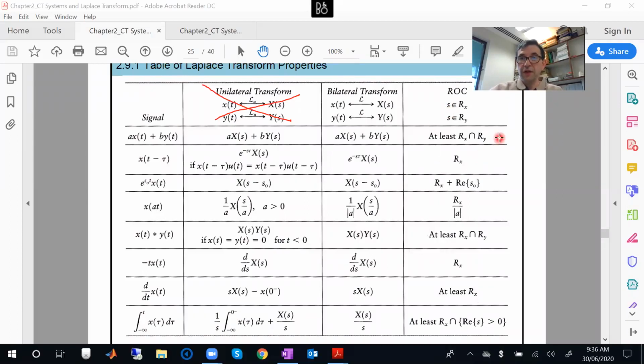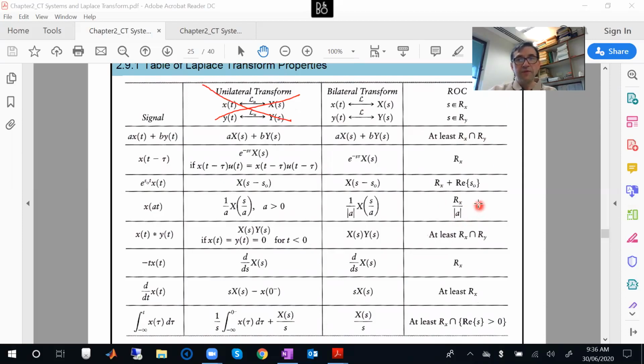So in most cases, we won't need to look at the region of convergence unless it's to tell us whether something funny happens. In most of these cases, it's either dependent on the region of convergence of the original x or y in some standard fashion. And sometimes when you see an expression like that, you've got to actually figure out what that means.